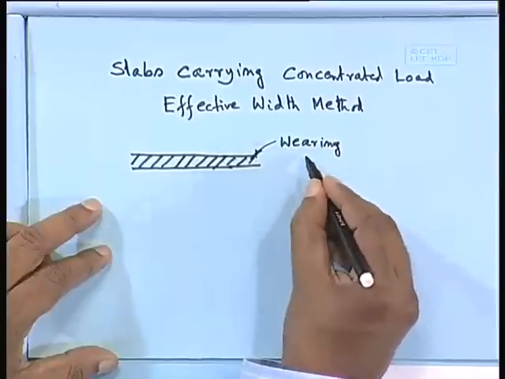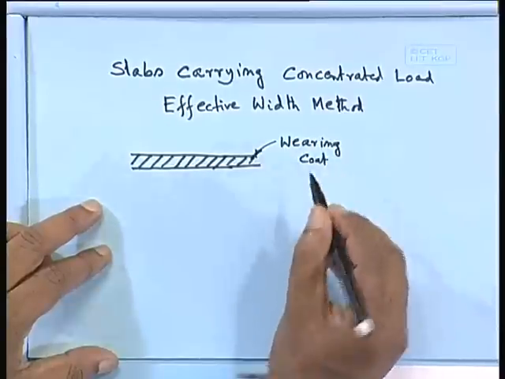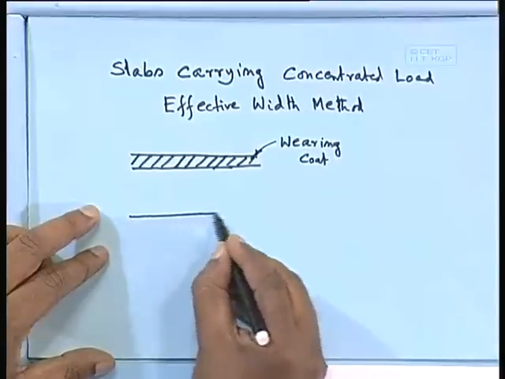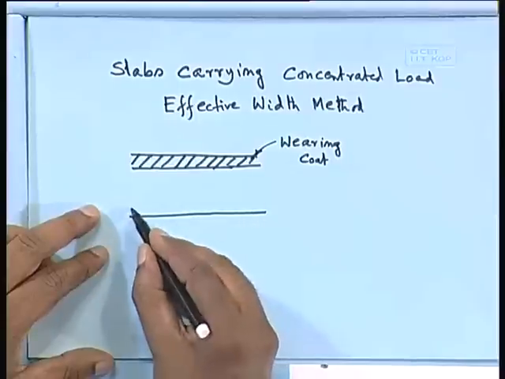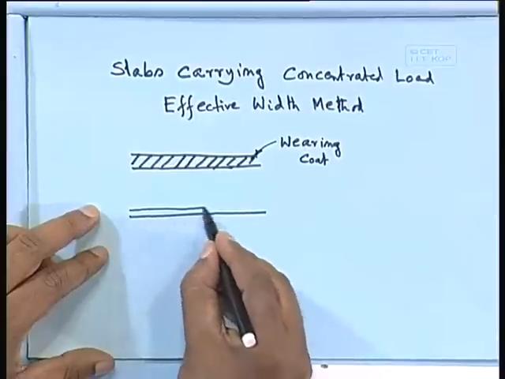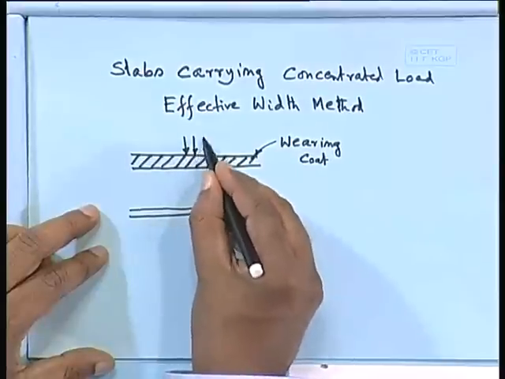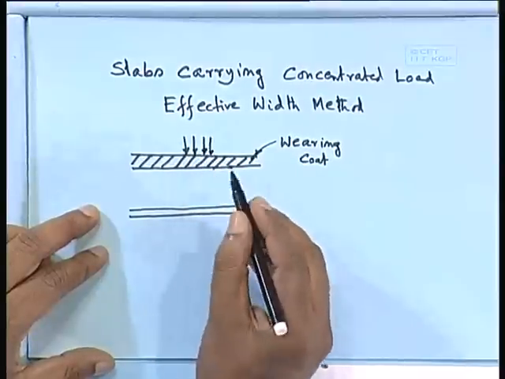This is not reinforced. And then we have the bridge deck slab. Let us say this is the reinforcement, and this is the loading, a concentrated load having a certain area.